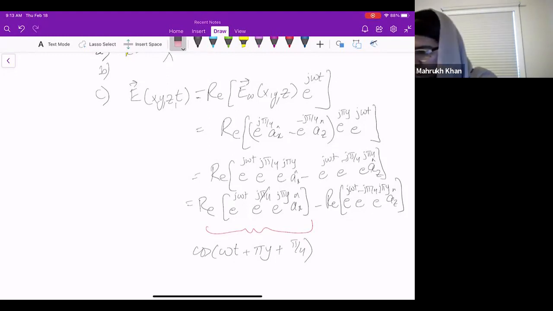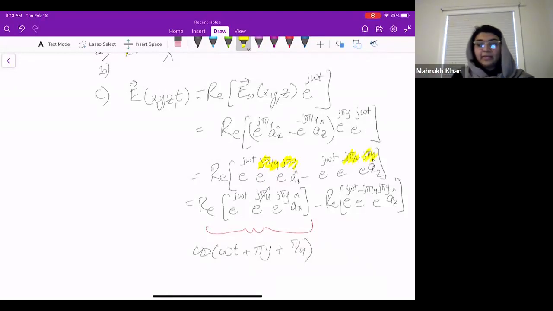Let's see. Okay. So in this scenario, there are 2 things that are different than this. So the question is, can we take the time part out of the space part here? I don't think so, because there is a time part, there is a space part, and there is a phase part as well.